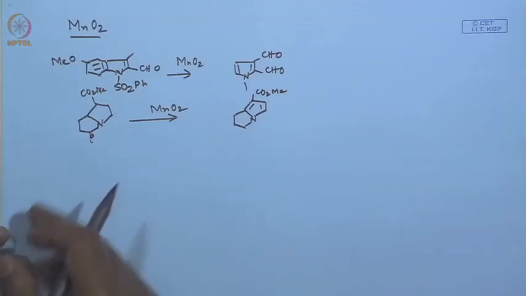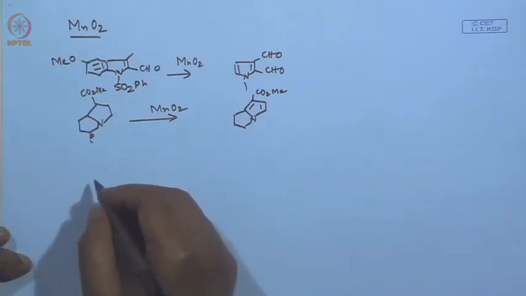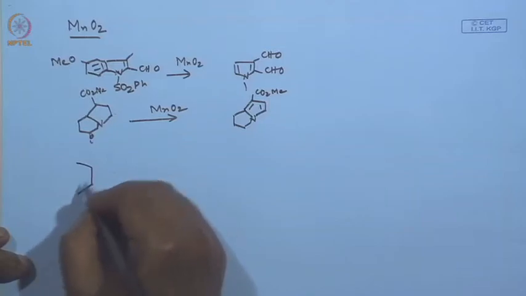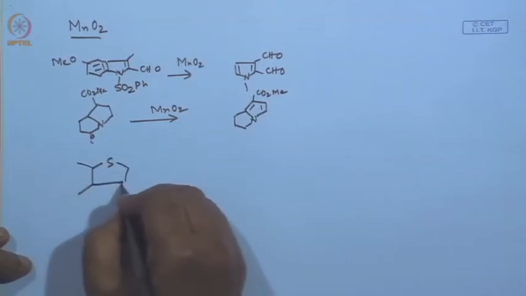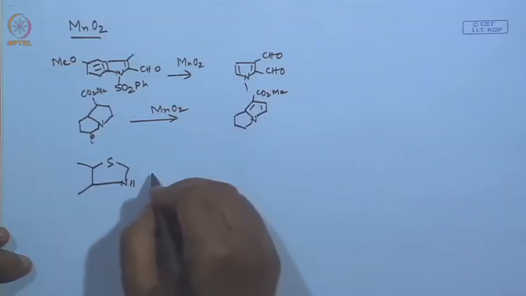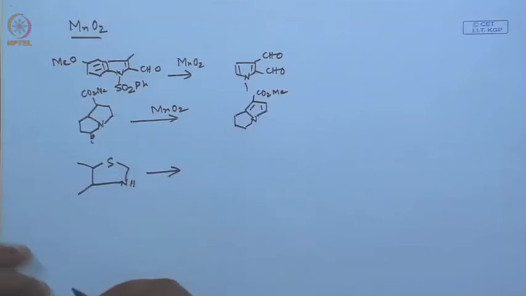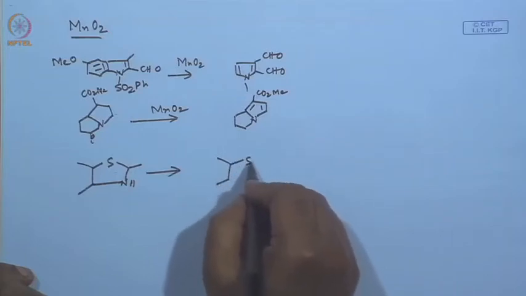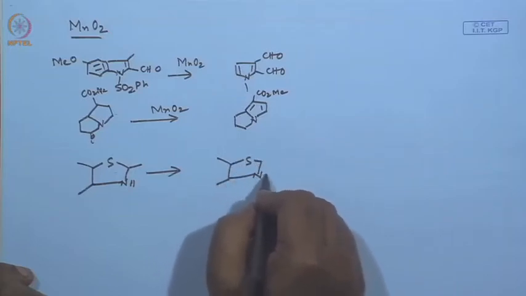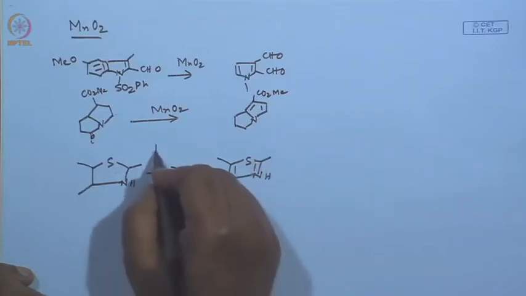And one more example about aromatization, like thiazole. These thiazoles are very useful again in heterocyclic chemistry, and often these are made. How do you aromatize? DDQ is expensive, toxic, all these things, but one can nicely do it with manganese dioxide.